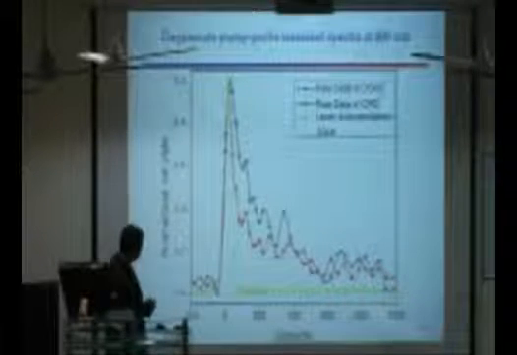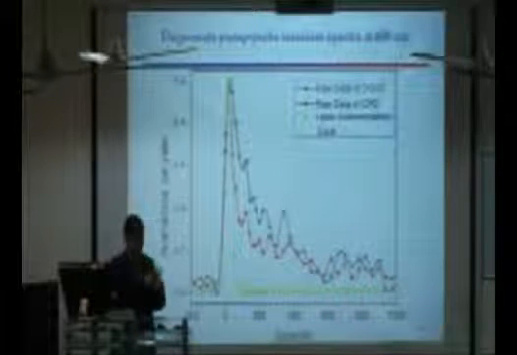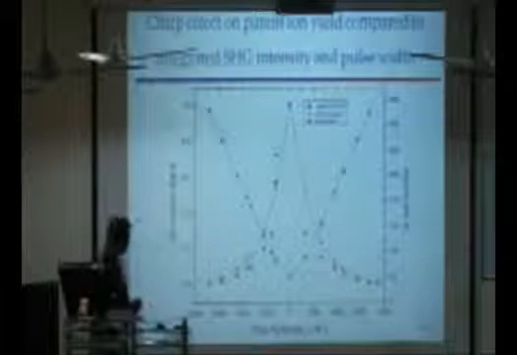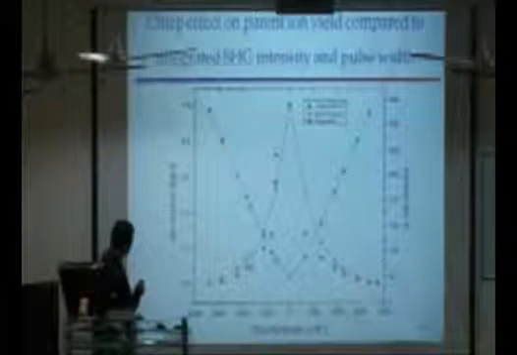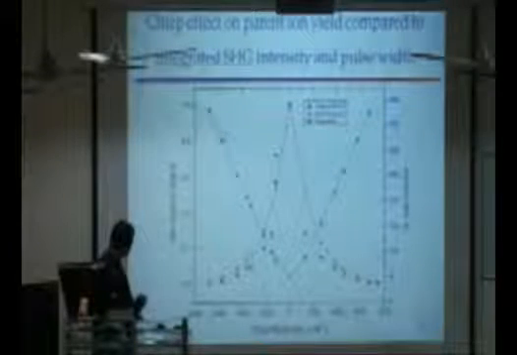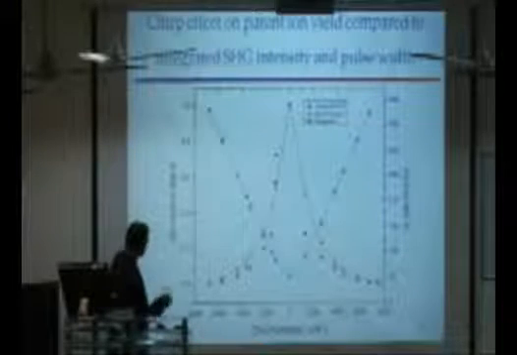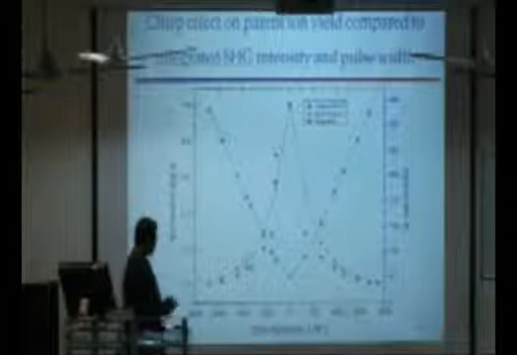So we were able to resolve this. In this particular case we used two pulses: one was exciting the system, the other one was reading the system. What you would expect is that the second harmonic intensity will just fall as you change the chirp, and that is symmetric.